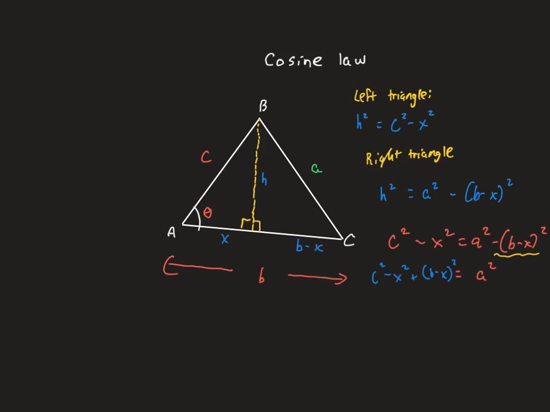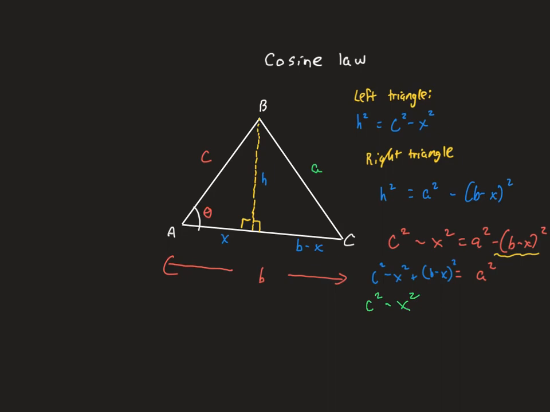Okay? So now that you have that, you're going to want to expand your (b minus x) squared. So you can start collecting your like terms. So you've got c squared minus x squared. For (b minus x) squared, I'm just going to use my nice theorem here so I can expand it quickly, or you can FOIL it.